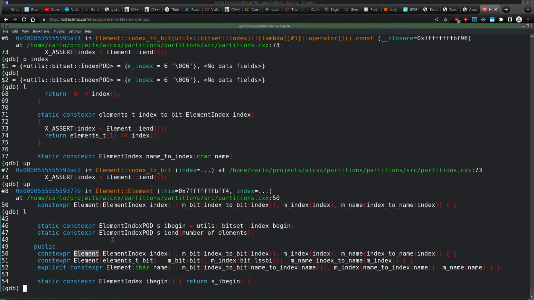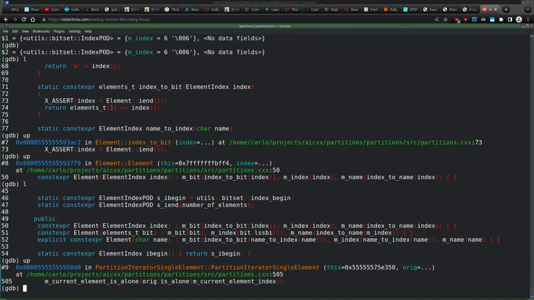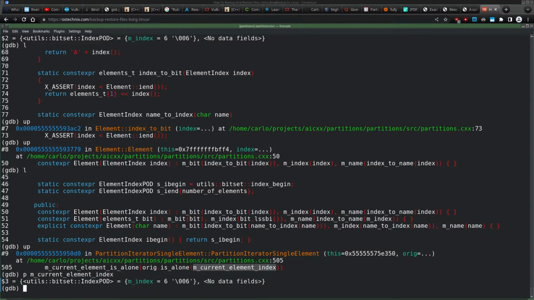Well, such an element does not exist, so the assert is correct. We should not try to create an element from an element index that points past the end. So we should not try to check if a non-existing element is alone.